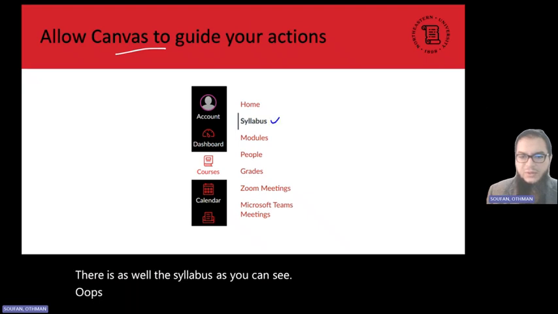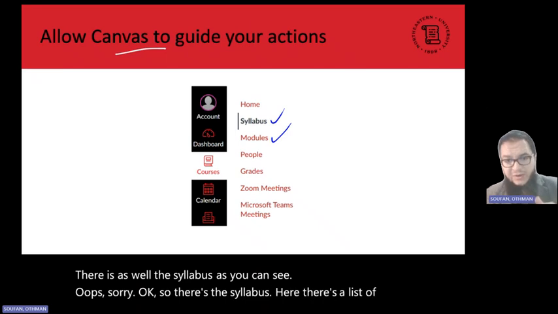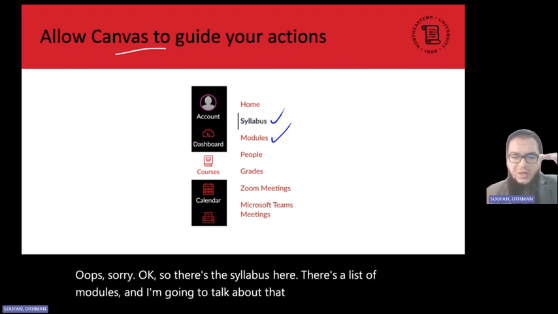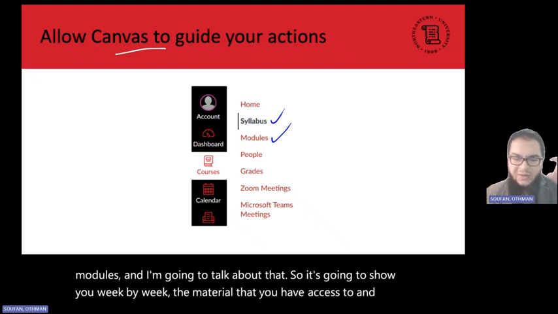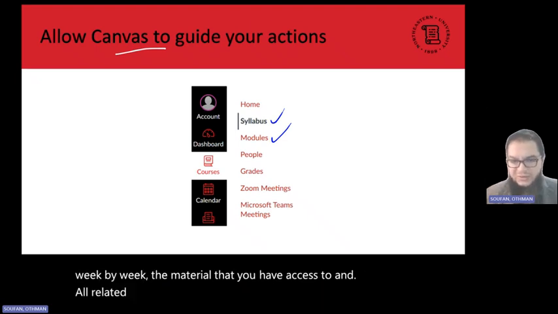There's a list of modules. I'm going to talk about that. It is going to show you week by week the material that you have access to, and all related tasks for each single week, grades, Zoom meetings.